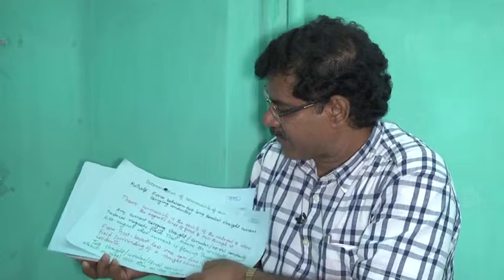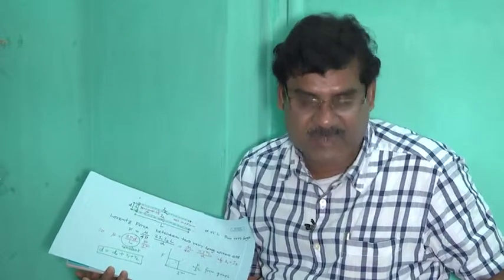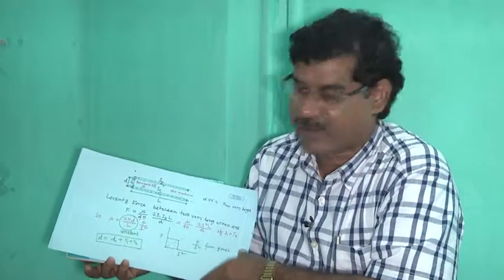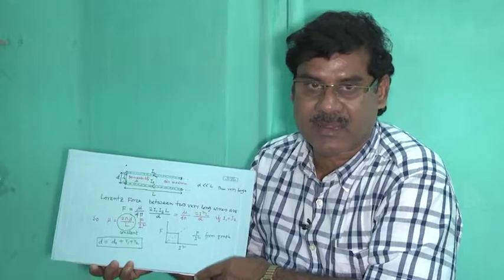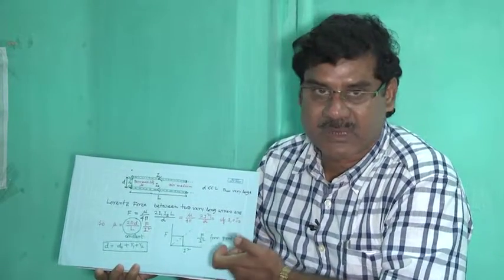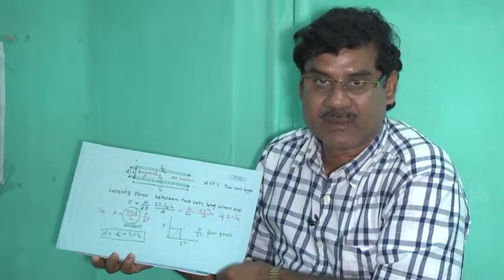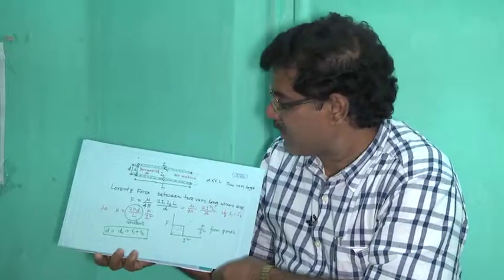So, this is the fundamental basic concept of producing a magnetic field in a current carrying conductor, okay. Basically we use the Biot-Savart law to find out the magnetic field.